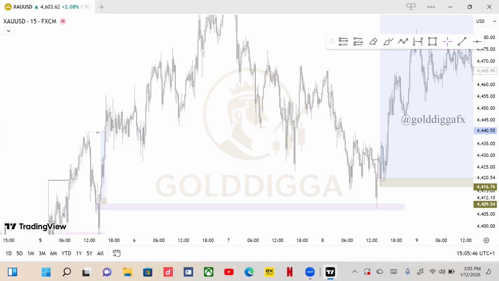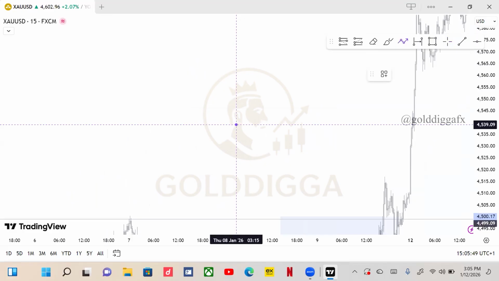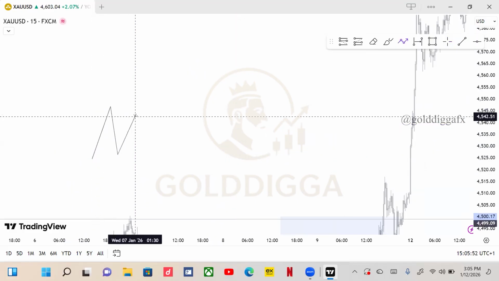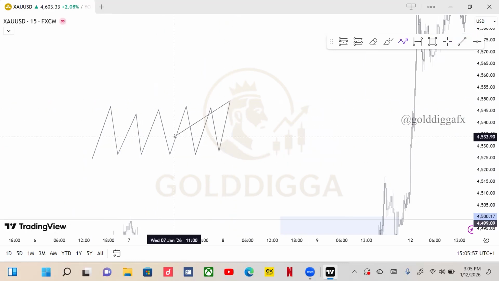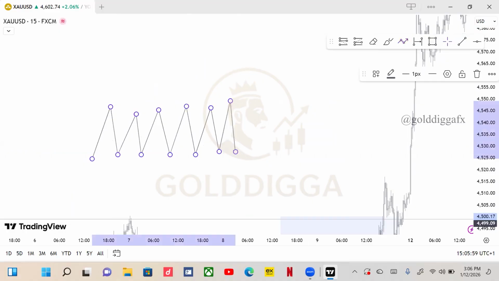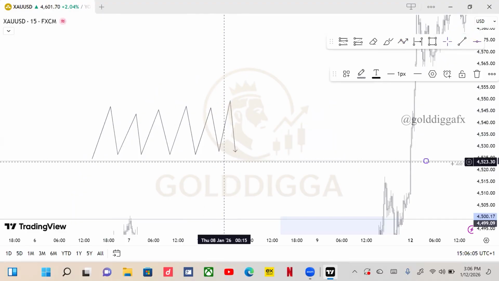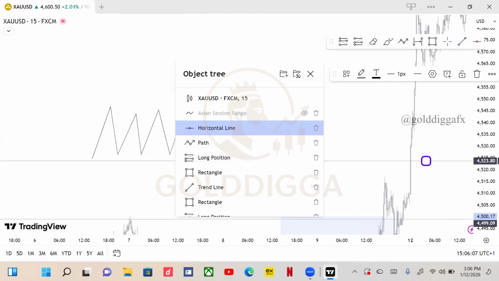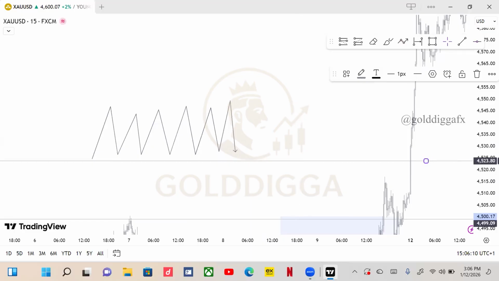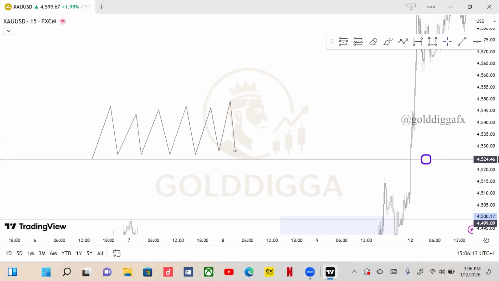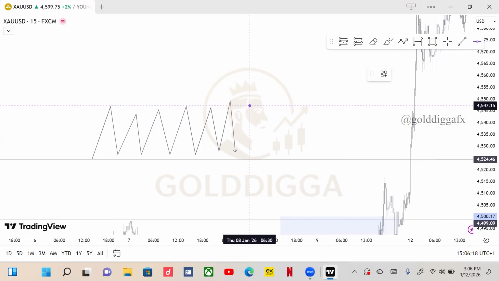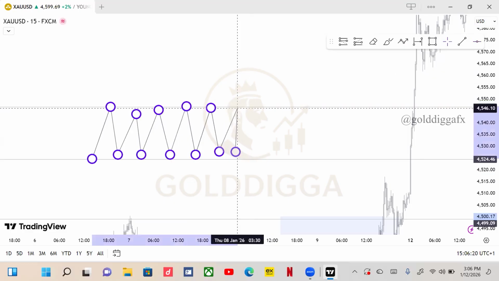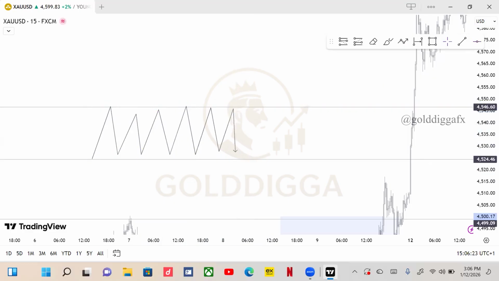If you have a range like this, price is stuck between two areas, stuck between this low and also stuck between this high.